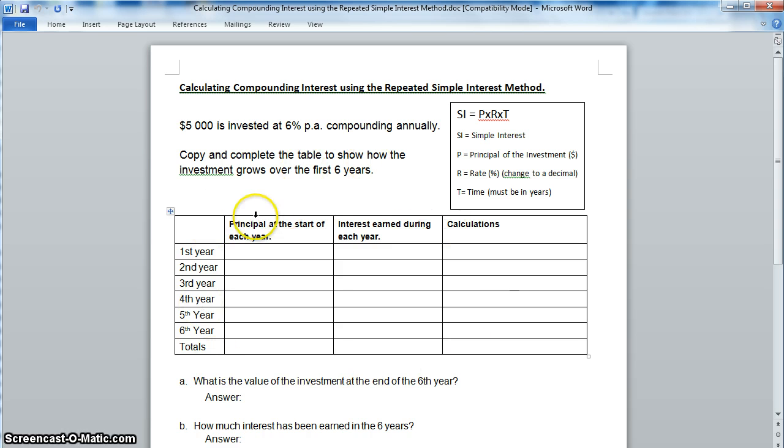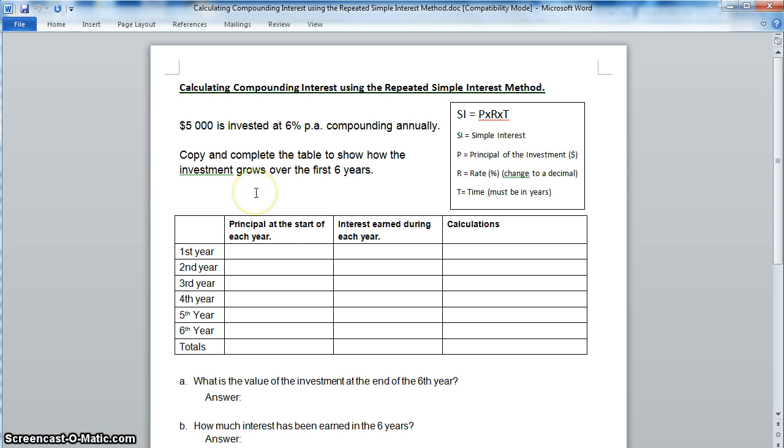So I'm going to show you how to do the first 3 years, and then when I'm done, I want you to construct the table and then complete the 4th, 5th, 6th year.